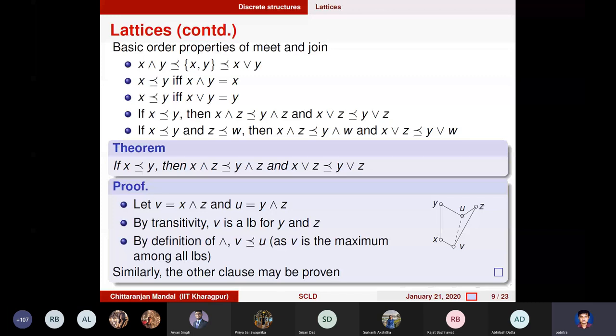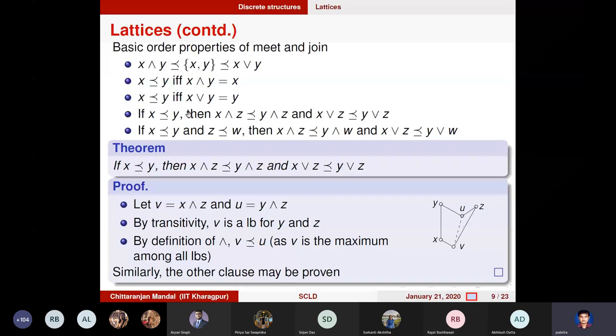These are called the order properties, which basically means that if we take two elements x and y, they are lower bounded by their meet and upper bounded by their join. So x and y lie between the meet and the join. Lower bounded, upper bounded means again this less than or equal to symbol.